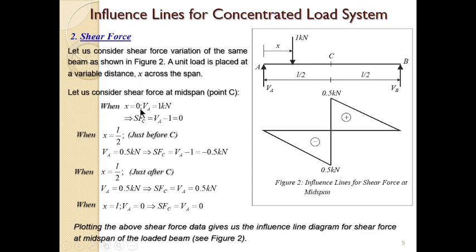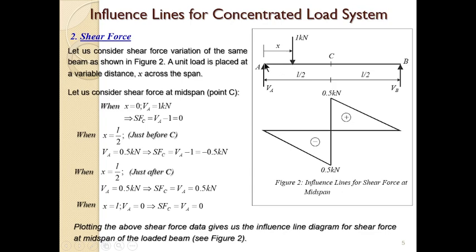Now, when x equals 0, that is when this 1 kilonewton load is directly on top of A, we know that VA will be 1. The reaction at A will be 1 kilonewton. So we need to find the shear force, and remember the definition of shear force: the algebraic sum of all the forces either to the left or to the right of a section in a beam or structure.